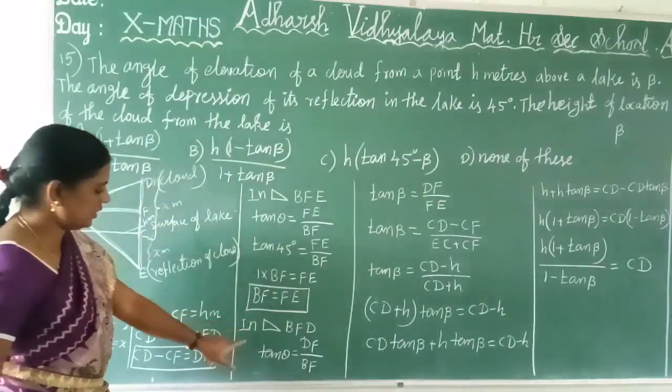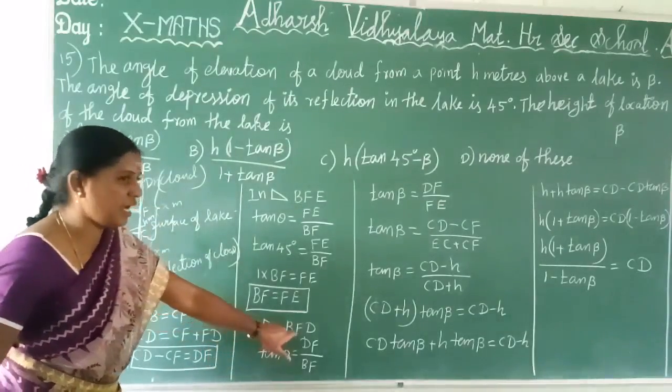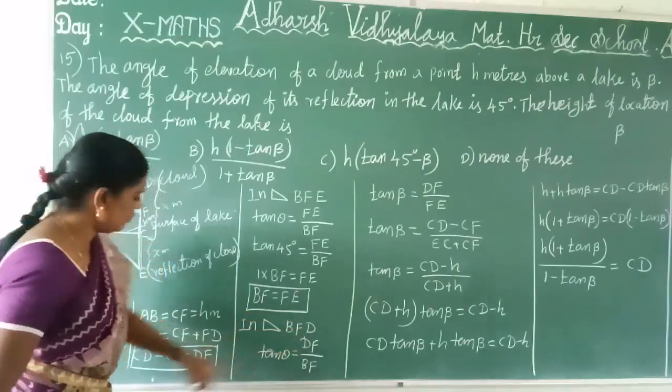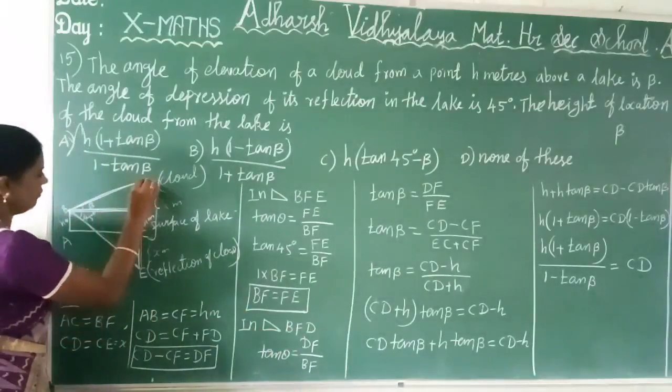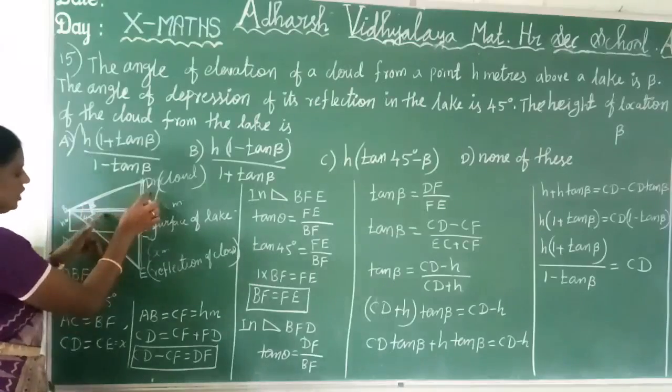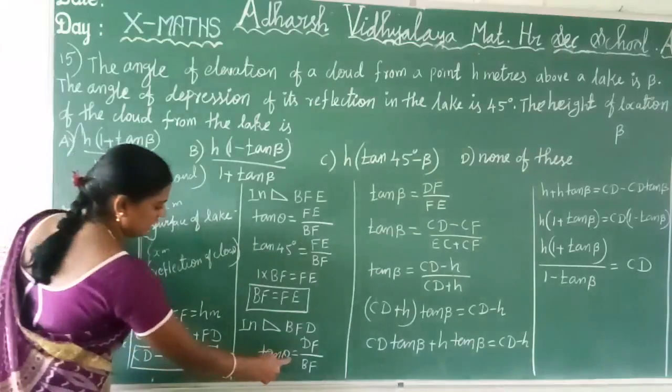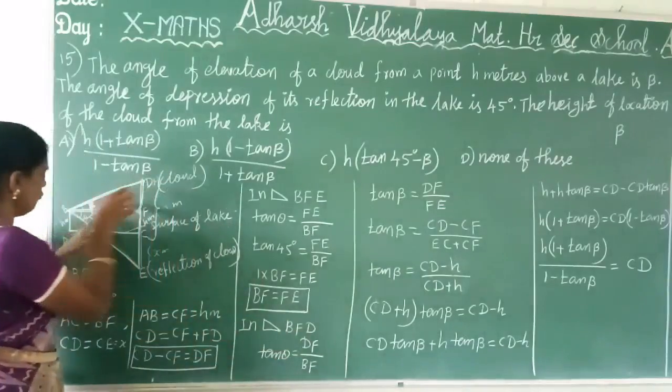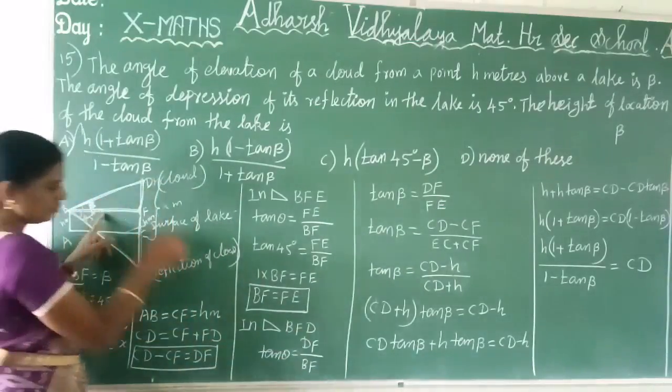Clear? Next, in triangle BFD, which ratio applies? Here beta, this one opposite, this one adjacent, this one hypotenuse. These two we need. So tan theta is equal to opposite DF by adjacent BF. Clear?